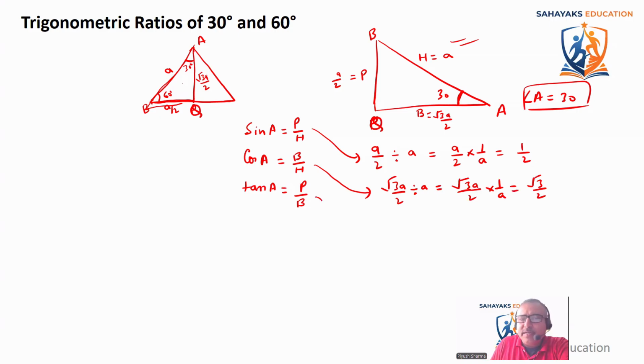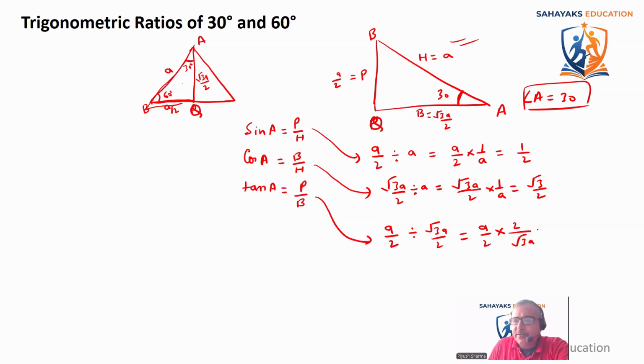And then we talk about tan A. Tan A is P by B. What is P? P is A by 2 divided by root 3A by 2. So I can say A by 2 multiplied by 2 by root 3A.